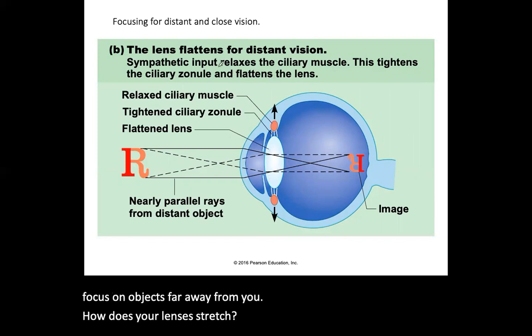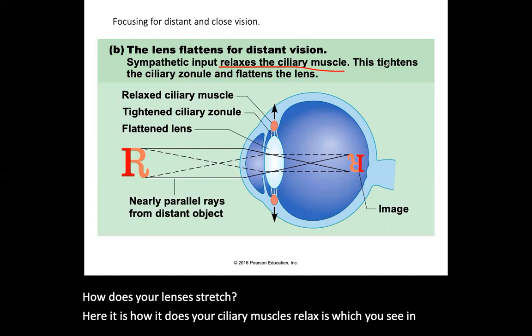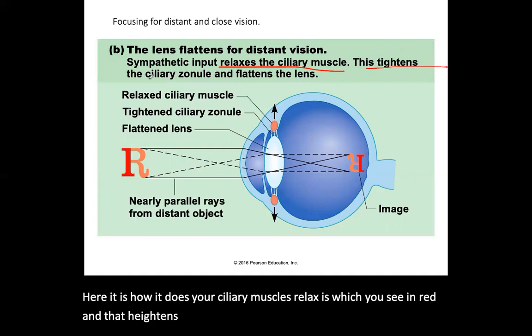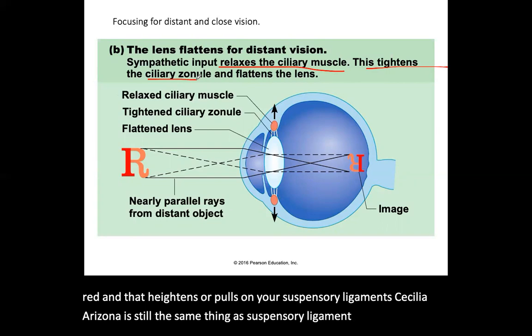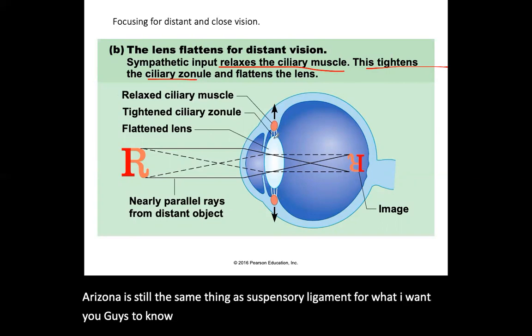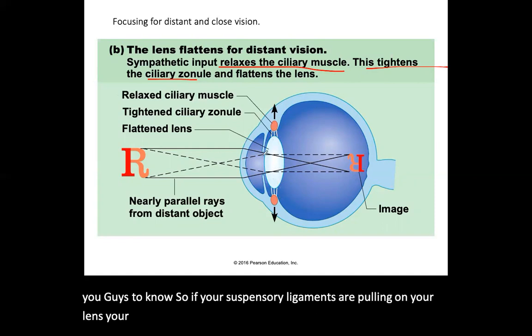Your ciliary muscle relaxes, which you see in red, and that pulls on your suspensory ligaments. The ciliary zonule is the same thing as the suspensory ligament for what I want you to know. So if your suspensory ligaments are pulling, your lens is stretched, and it allows you to focus on objects that are far from you.